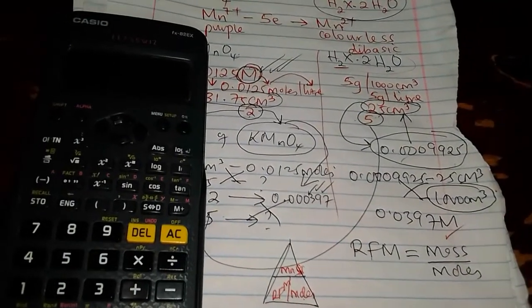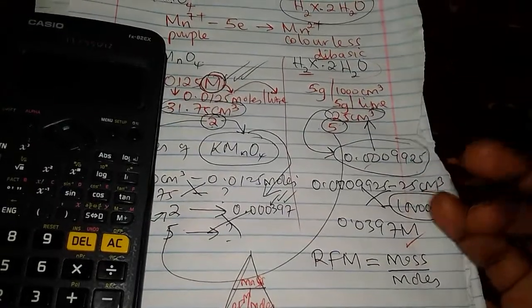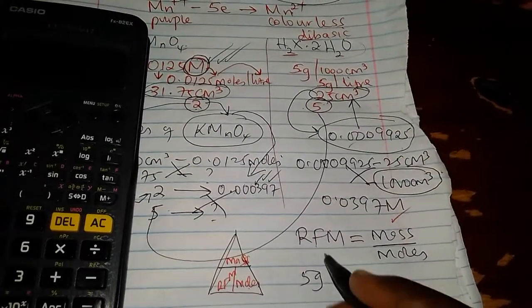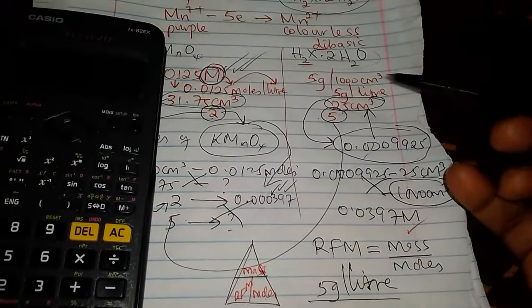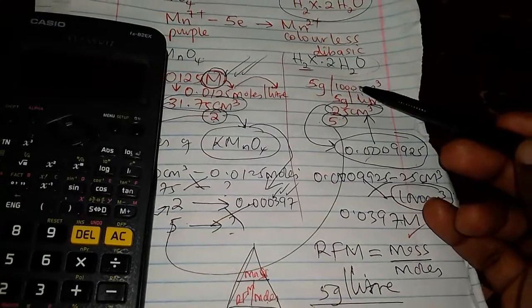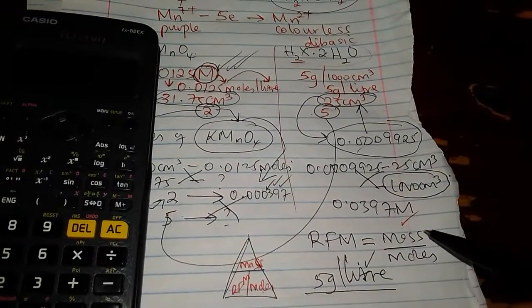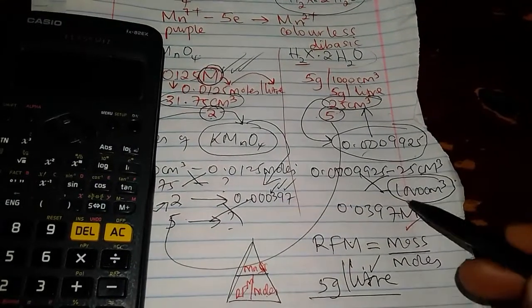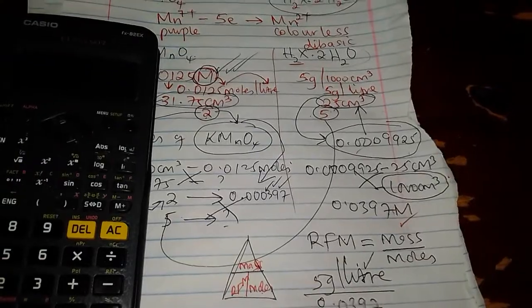So we shall pick the mass, 5 grams, that was dissolved in a liter, and divide by the molarity. Ensure that when you pick that mass and divide by the molarity, the mass should be in 1000 centimeters cubic or in a liter. So 5 grams per liter over the moles in 1000, 0.0397.